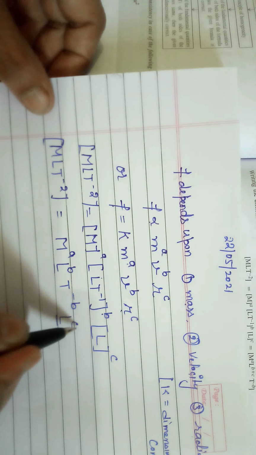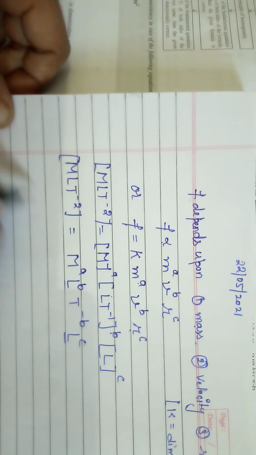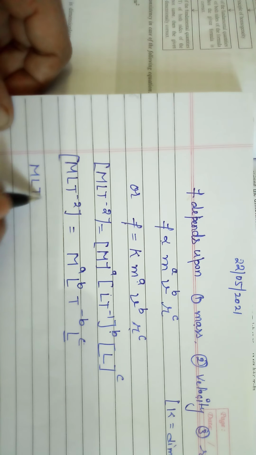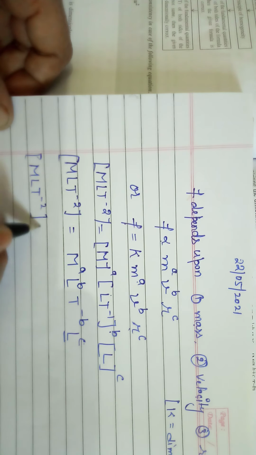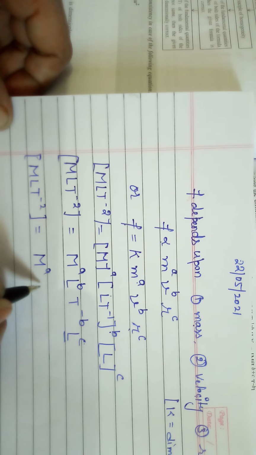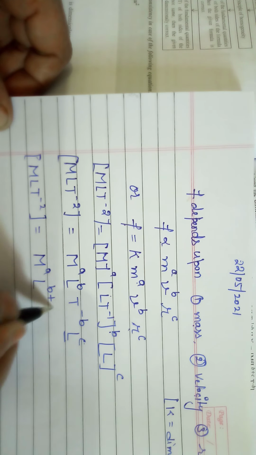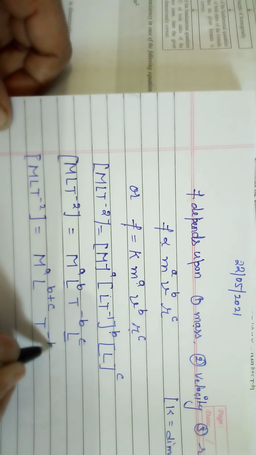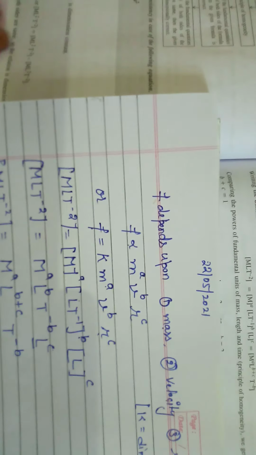If bases are the same, then powers are added. It means that MLT minus 2 is equal to M to the power a, L to the power b plus c, and T to the power minus b. Clear?